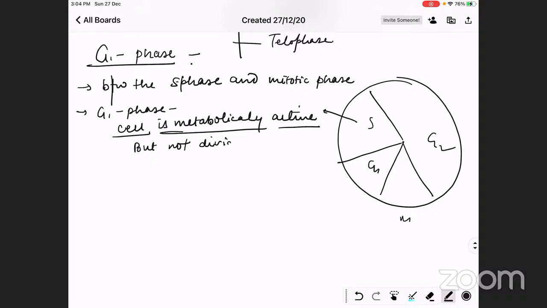All the metabolism in the cell is going on, but the cell is not dividing. Okay, so the cell will grow in size.